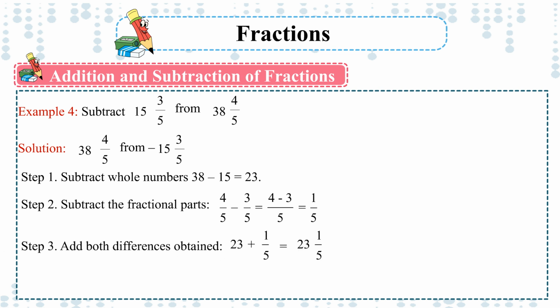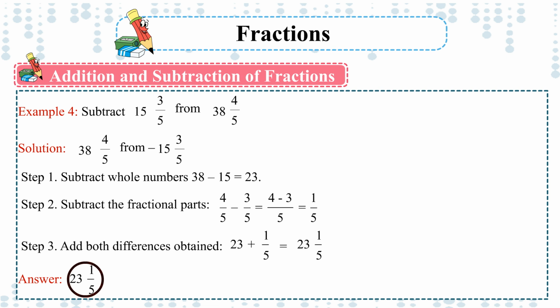Step 3. Add both differences obtained. 23 plus 1 upon 5 is equal to 23, 1 upon 5. Answer. 23, 1 upon 5.